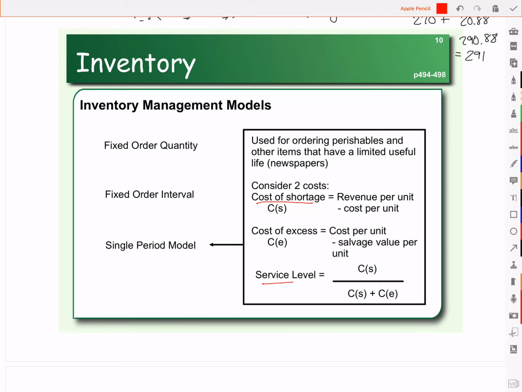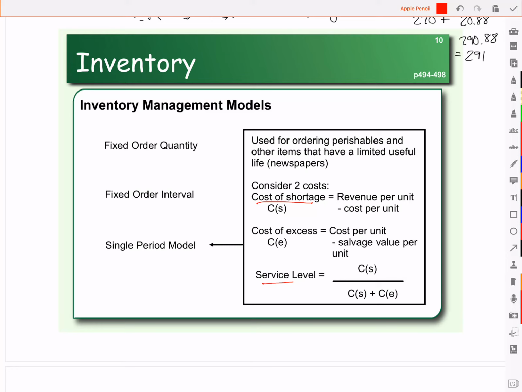If your customers come to buy your donuts and you don't have enough, you have a shortage, what is the cost to the business? Well, the cost to the business is the difference between what you could have sold that donut for, so the revenue per unit, and the cost to you to get that donut from your supplier. So essentially that's your profit margin, right? You gave up your profit by not having that donut when the customer came in. So revenue per unit minus cost per unit.